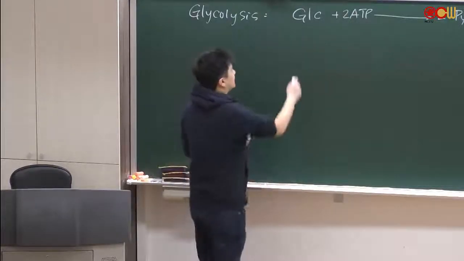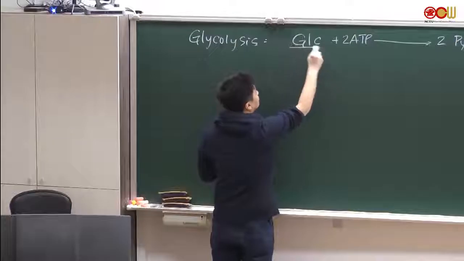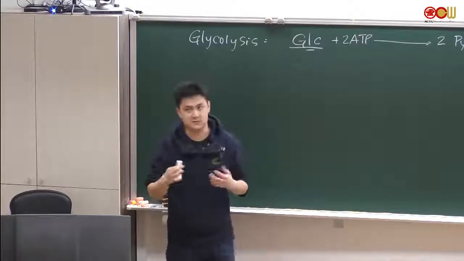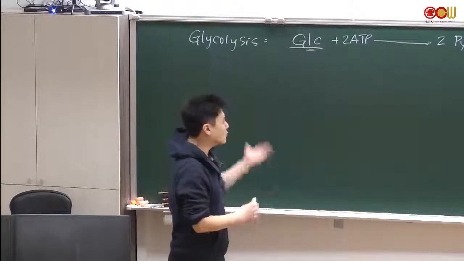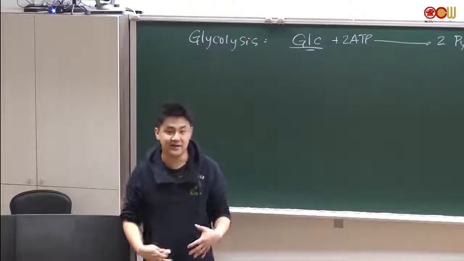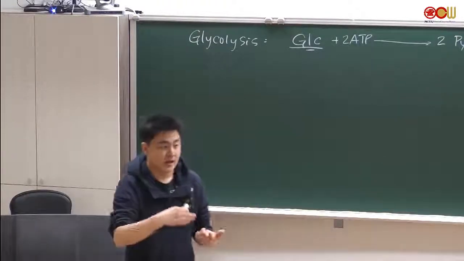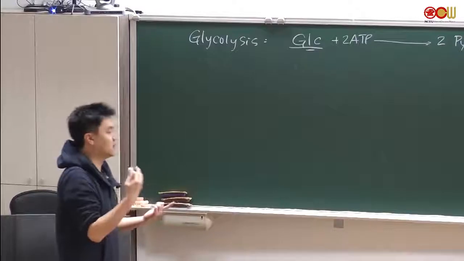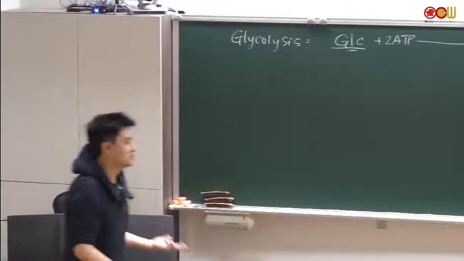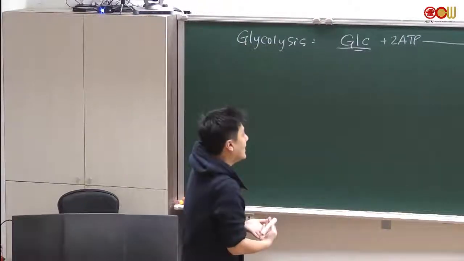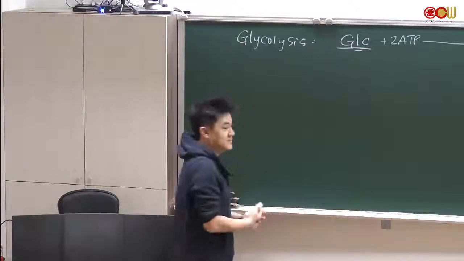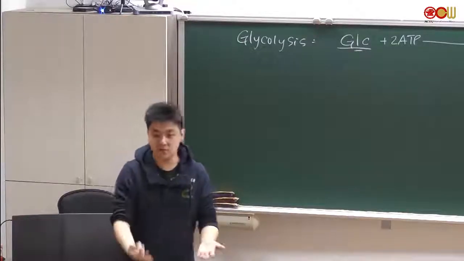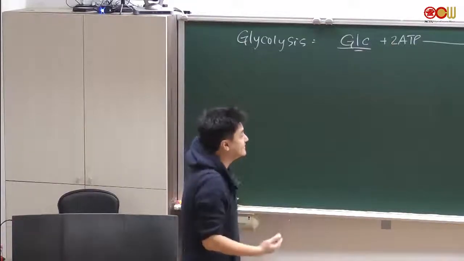In glycolysis, we're interested in knowing how glucose, and you saw last lecture where we get glucose in our daily diet, okay? You get glucose from starch, you get glucose from sucrose, like the sweet drinks that you drink. For some bacteria, you also get glucose from cellulose, okay?